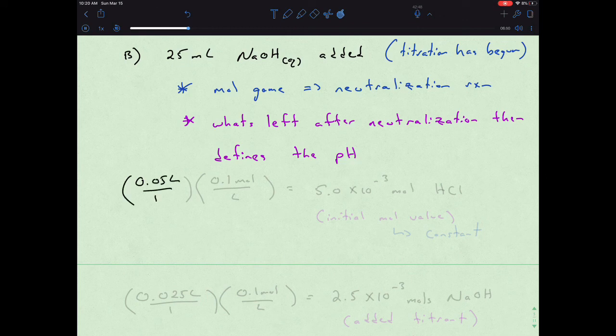meaning that we had, for our measurement, 50 milliliters or 0.05 liters of HCl. It had a concentration of 0.1 molar. So we end up with 5 times 10 to the negative third moles of HCl. And so that is our initial mole value for the HCl.